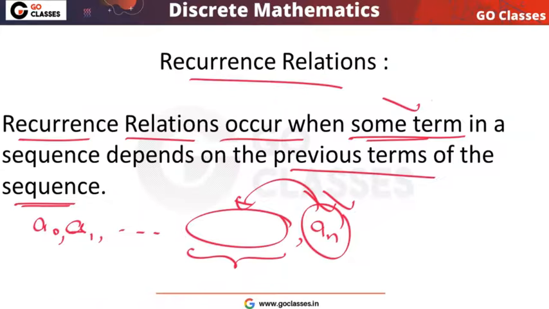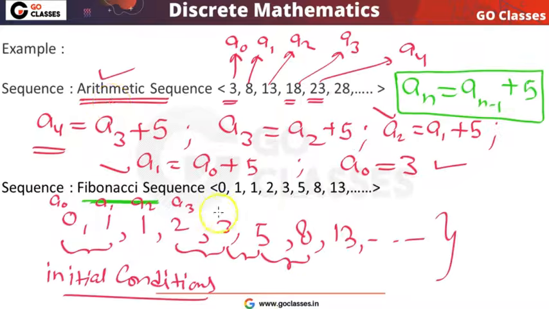As I told you, a recurrence relation occurs when some term depends on the previous terms. In the first sequence, every term depends only on the previous term: A4 depends only on A3. But in this sequence, every term depends on the previous two terms: A4 depends on A3 and A2.